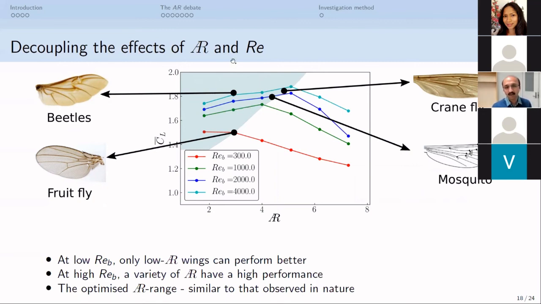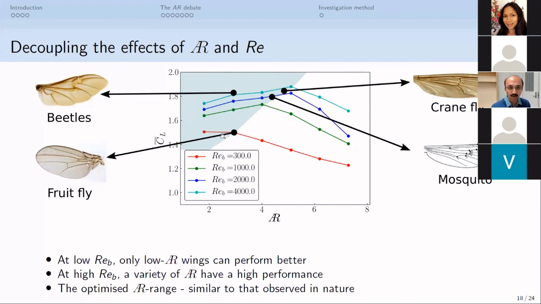So this region can be called an optimal aspect ratio region just in terms of lift. I know there are other functions, the power economy, and also the biomechanical aspects of it, which are important for a wing. But purely based on lift, we can call this portion an optimum region. So it's not just a single optimum aspect ratio, but a range of aspect ratios. And that changes based on Reynolds number.